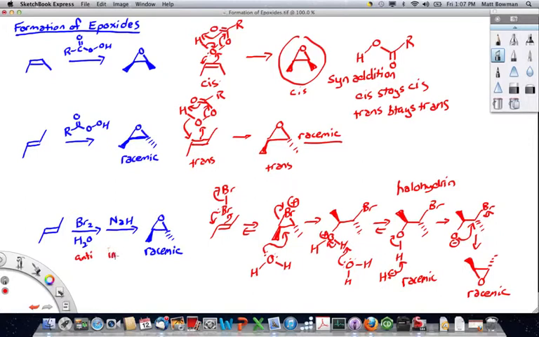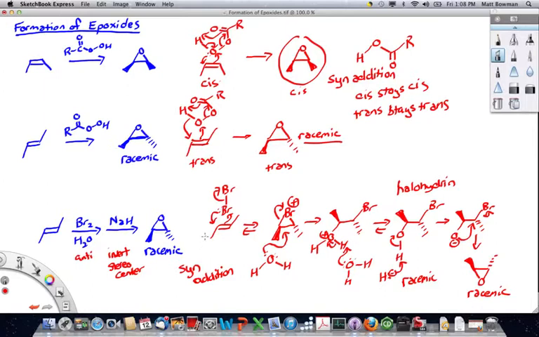So you invert a stereocenter, and as a net result, you end up with a syn addition. Very similar to the per acid, where cis stays cis, and trans stays trans.